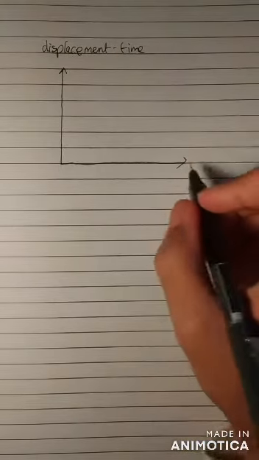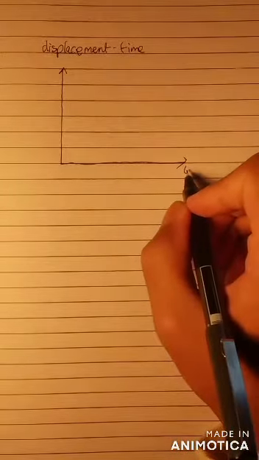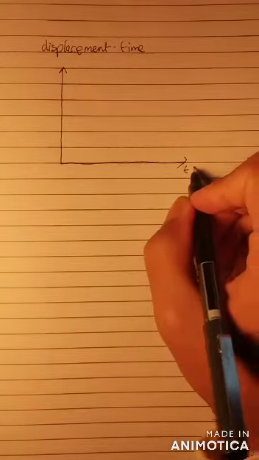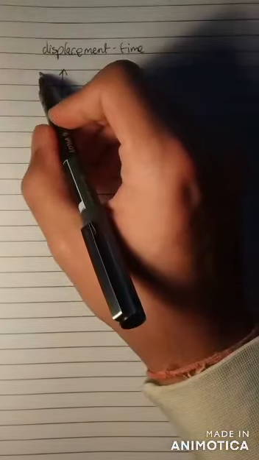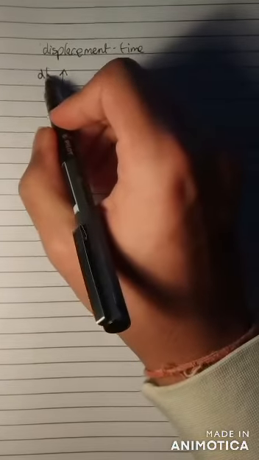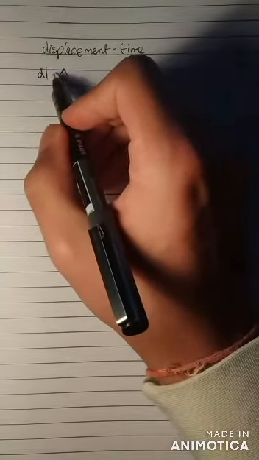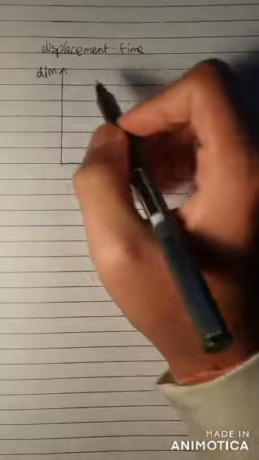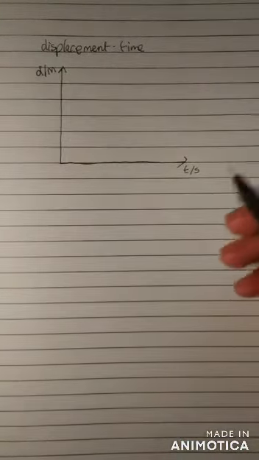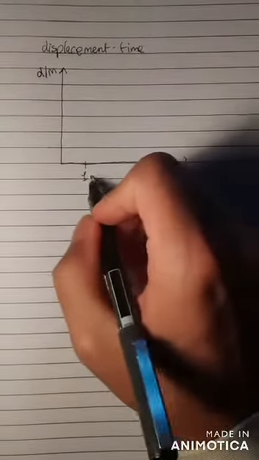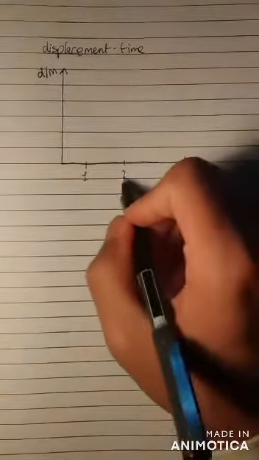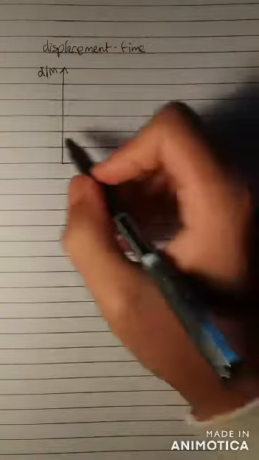As the name says, we have time in here and displacement, in meter, in here. Displacement in meter, time here. So let's say this is 1 second, 2 second, 3 second.